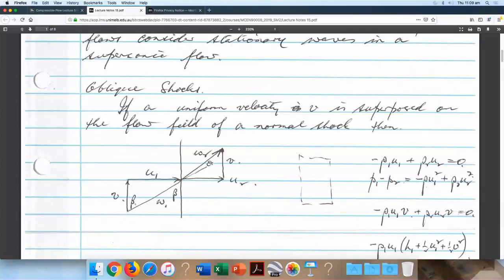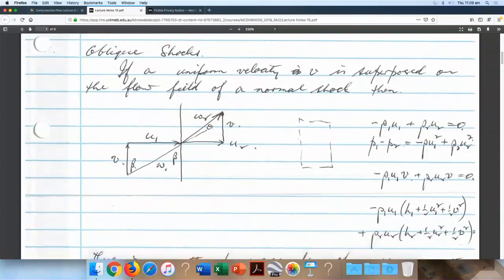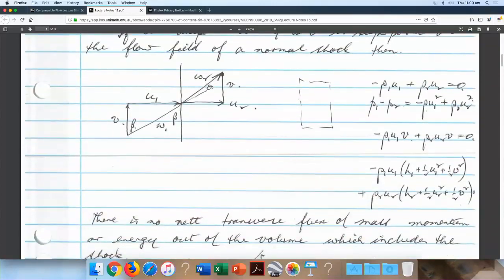And for my energy equation, it's a steady flow, so I have only to add to the kinetic energy. I have an H1 here and an H2 here. There's no rate of change of energy in the volume, and so I have a mass flux of minus rho 1 u1, H1 plus a half u1 squared plus a half v squared, which is the kinetic energy in this direction.